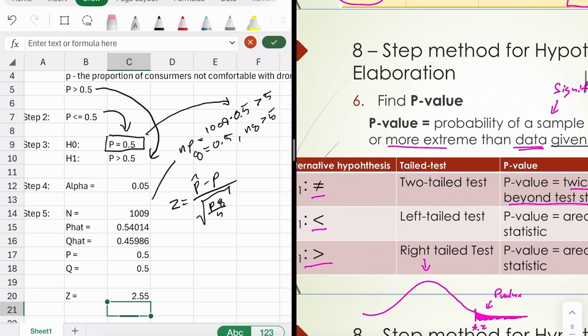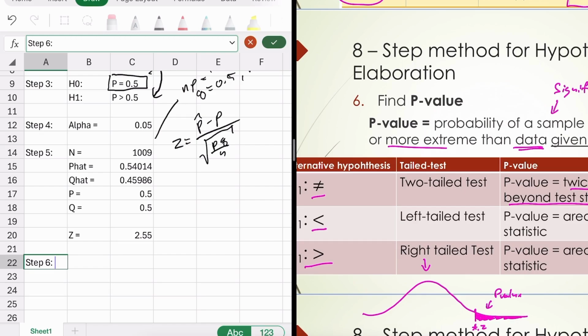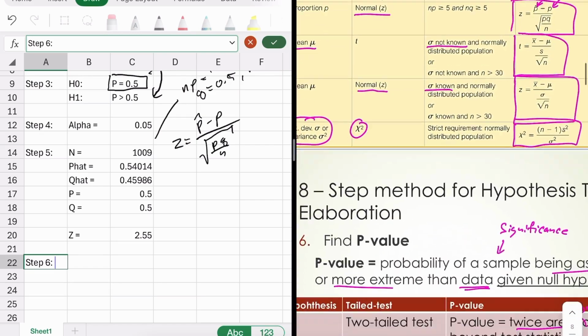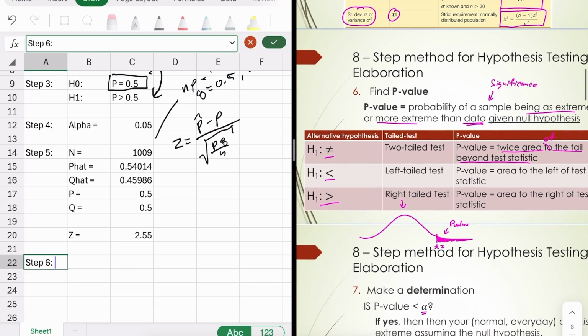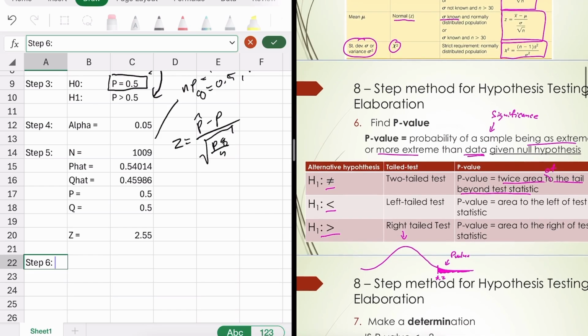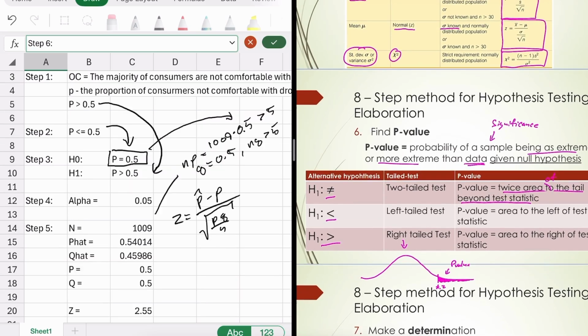Find the p-value. I've got my test statistic based on the context. Now, I need to find the p-value. I need to look at what sort of a hypothesis test I'm doing. Is it two-tailed, left-tailed, or right-tailed? What sign is being used in my alternative hypothesis? Is it not equal to?